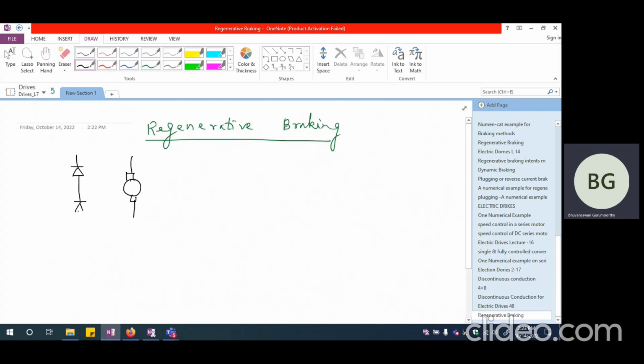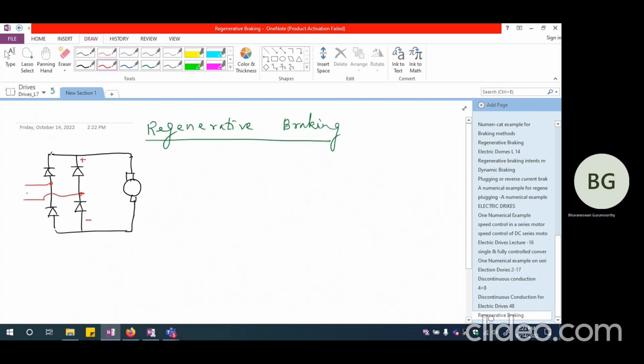So let me again show the four devices of the converter that is connected here. And we had been having the terminal voltage of the converter with plus here and minus here when alpha was less than 90 degrees.